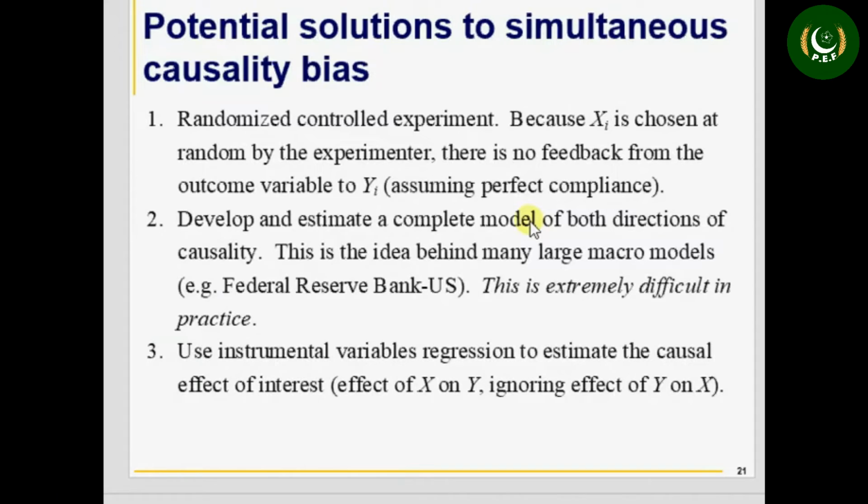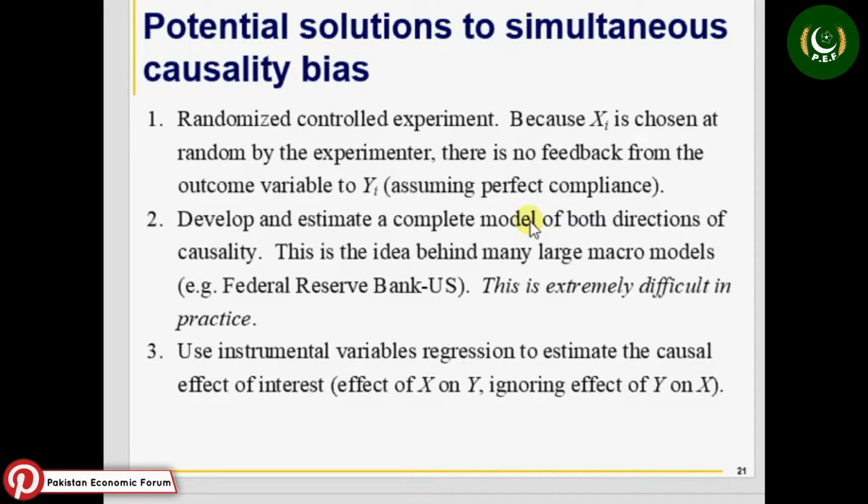So potential solutions: you can have randomized controlled trials, for which you need a lot of money when you do it in social sciences. Banerjee and Duflo are doing it, and they won the Nobel Prize for this type of contribution. But randomized control trials are not possible at the macro level, because we have one central bank.